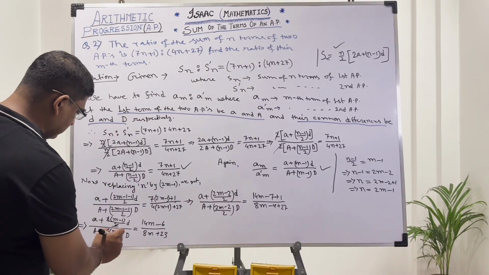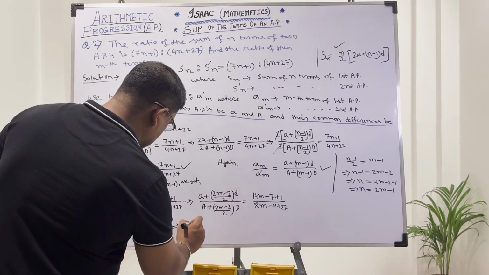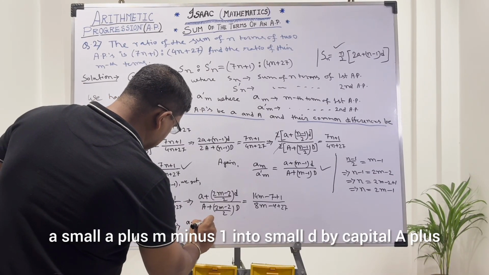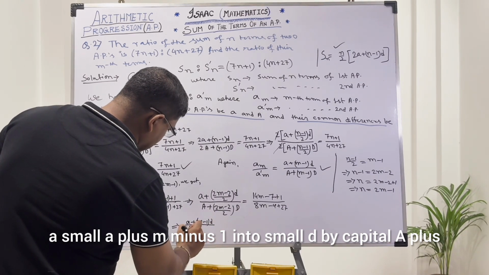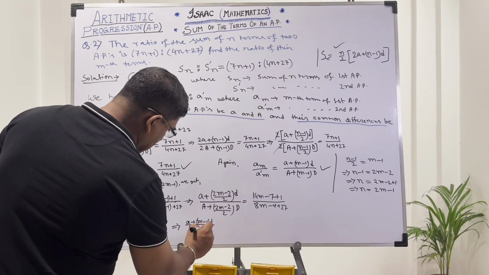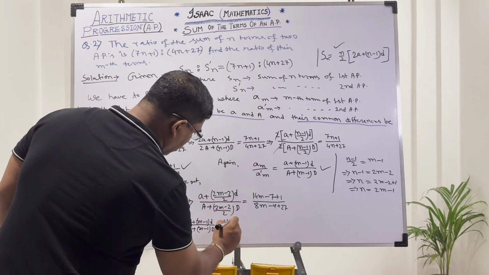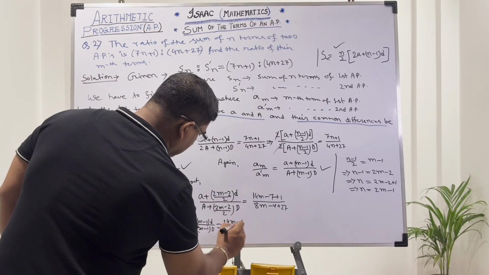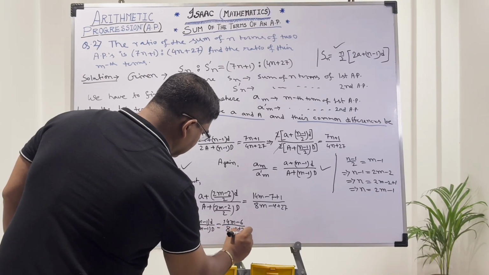Cancelling these two, we get small a plus m minus 1 into small d by capital A plus m minus 1 into capital D equals to 14m minus 6 whole divided by 8m plus 23.